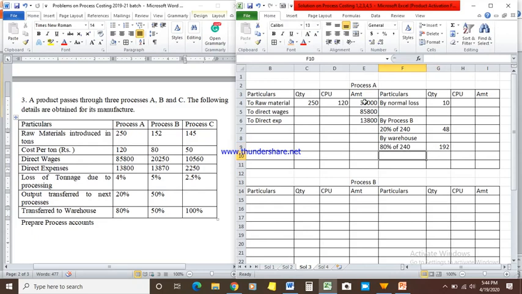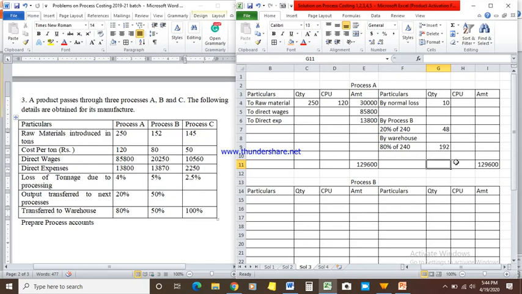But what is the cost? So I just take the value of this one, 129,600. Now what's the cost is the question. So the cost of this 48 tons and this 192 tons we need to ascertain. So this 129,600 is divided by the normal output, that is 250 minus 10, that is 240.